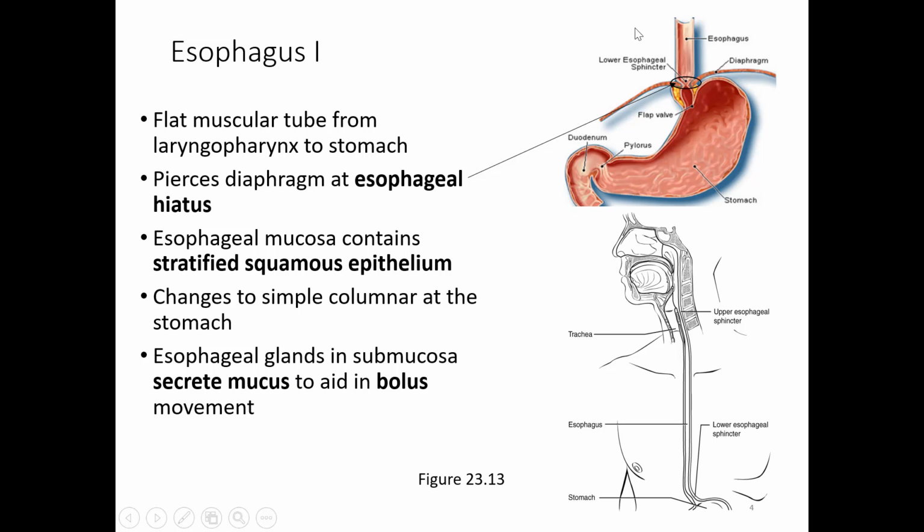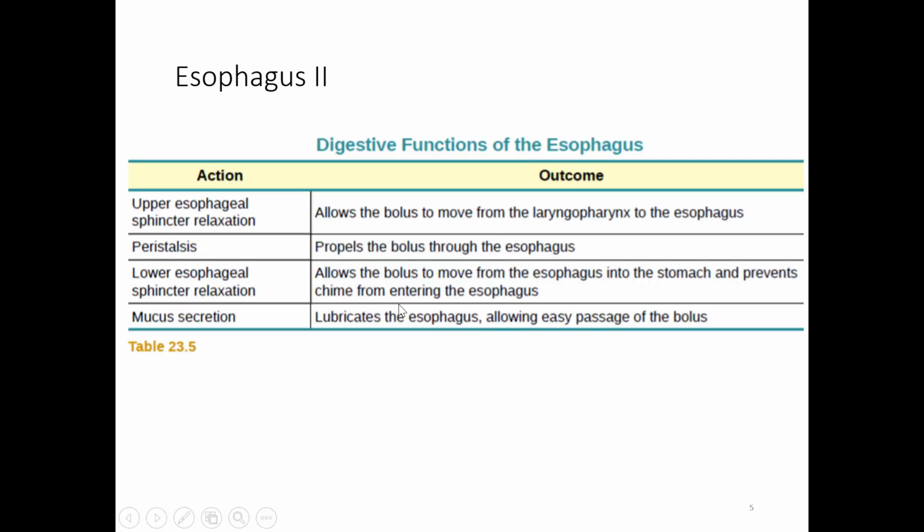It's a lump of food that in the mouth was mixed with saliva. That stratified squamous epithelium of the esophagus changes as soon as it enters the stomach, where it becomes simple columnar epithelium. Digestive functions of the esophagus are summarized in table 23.5.